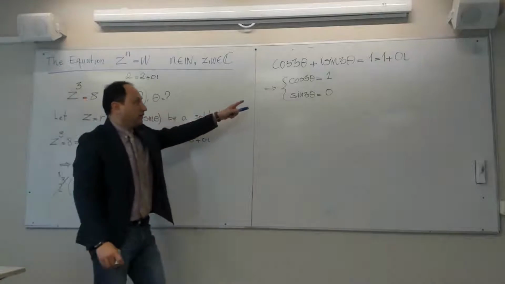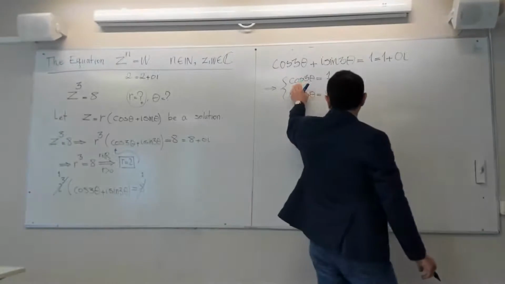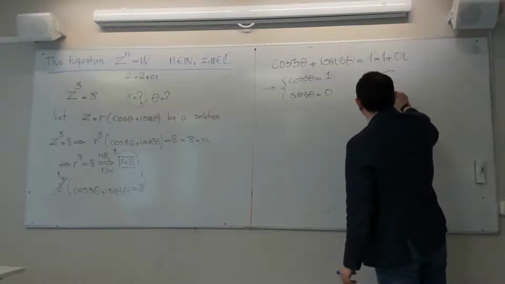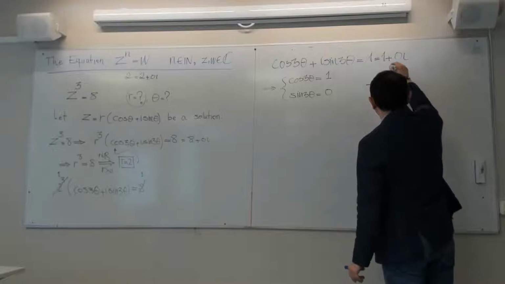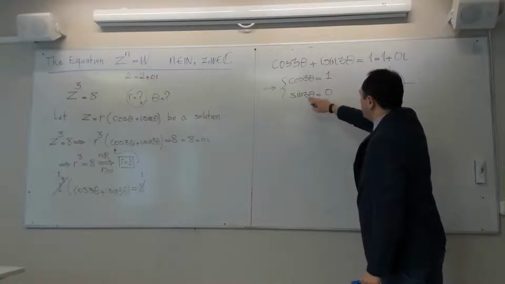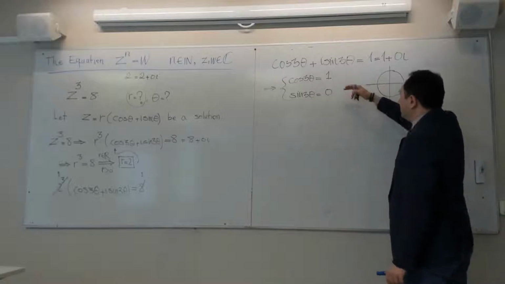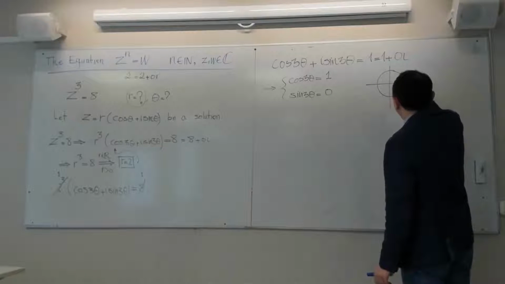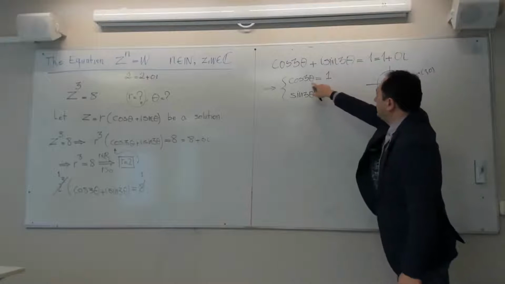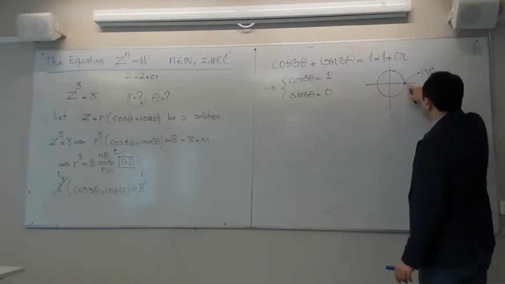Okay, so I am looking for an angle whose cosine is 1 and its sine is 0. So if you just roughly draw this unit circle, you know that cosine is related to the x coordinate and sine is related to the y coordinate. So it means that this point that you see here has x coordinate 1 and y coordinate 0.